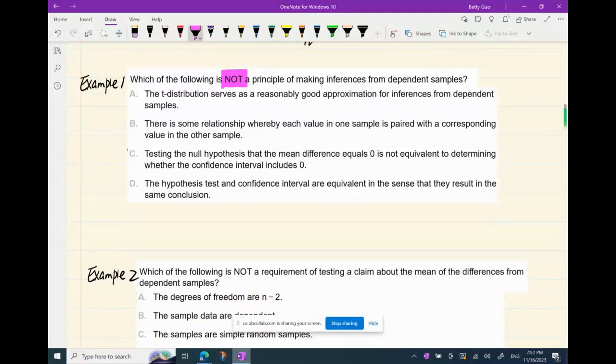Option B describes what the dependency between the two samples is. There's a relationship that exists.